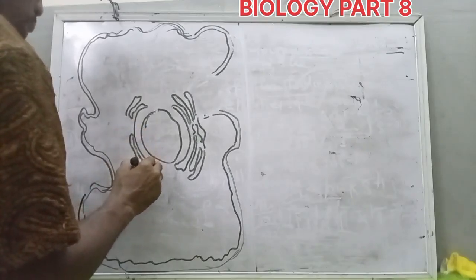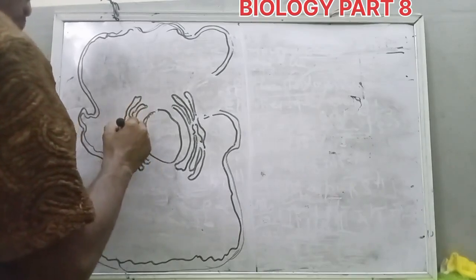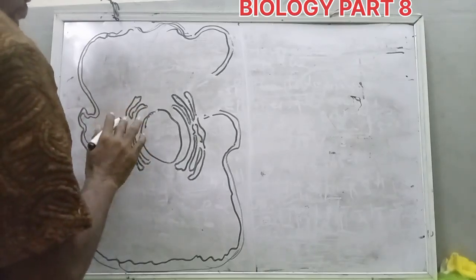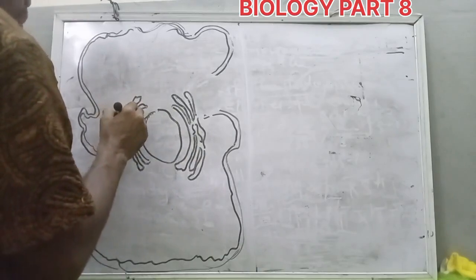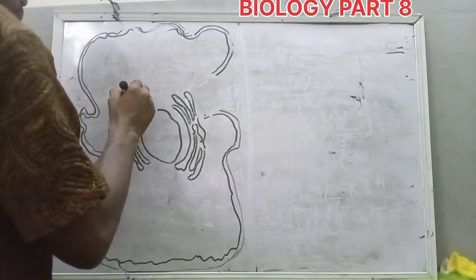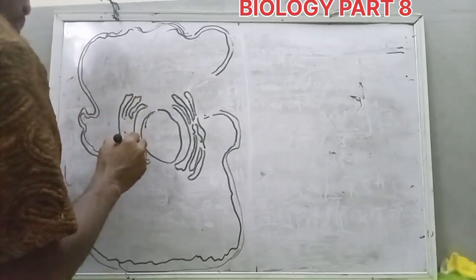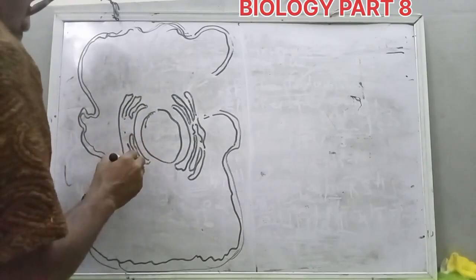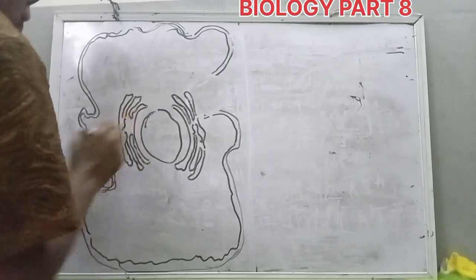The rough endoplasmic reticulum transports protein because of the ribosomes attached to it. The smooth endoplasmic reticulum is responsible for regulating substances such as corticosteroids and lipids. Okay, that is what that is.